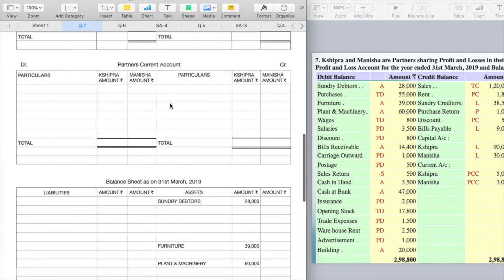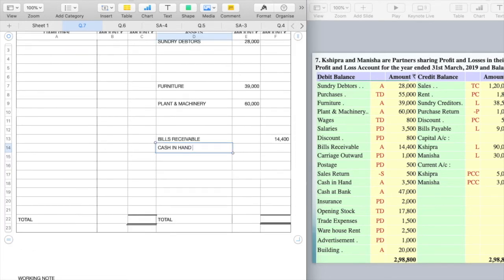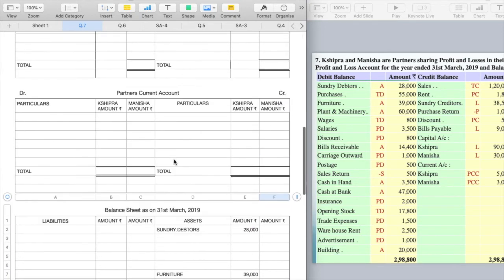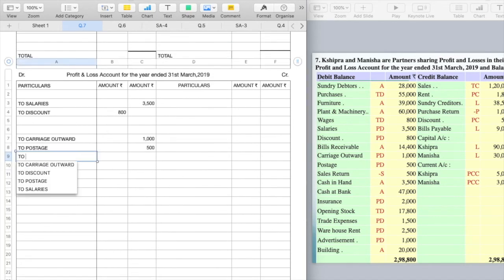Then cash in hand on the asset side, outer column 3,500. Cash at bank in the assets only, 47,000 outer column. Then insurance, profit and loss account debit side, 'To insurance', outer column 2,000 as there is no adjustment.